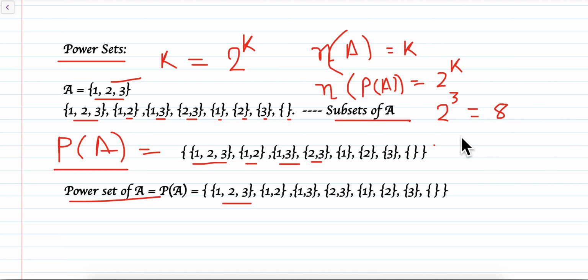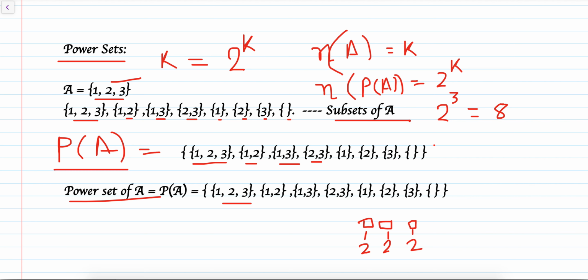And how does this number come? If we have 3 numbers, then for the first number we either pick it or we don't pick it in the subset that we create, so there are two ways to select this. Second, also we have two ways, either we select it or not. Third, also two ways.